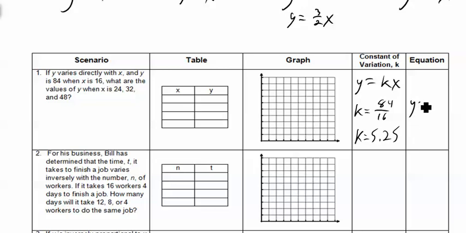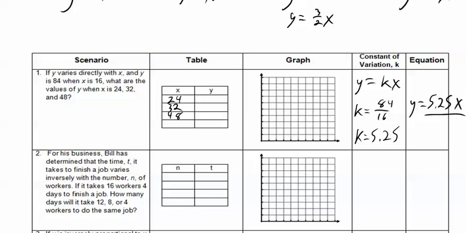So y equals 5.25x. Okay, so when x is 24 and x is 32 and x is 48, just plug this value into your graphing calculator, and find out what y is in each of these cases.